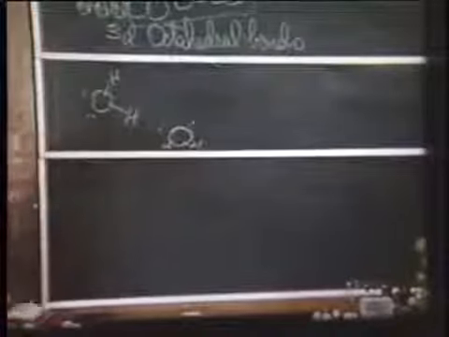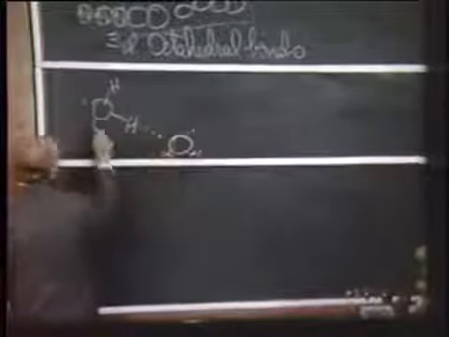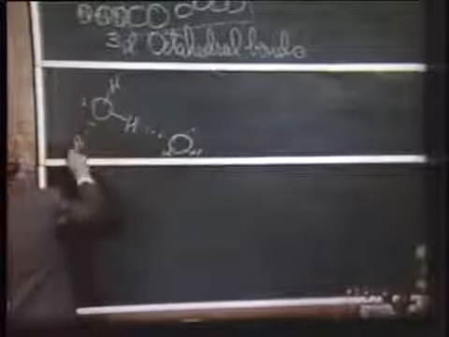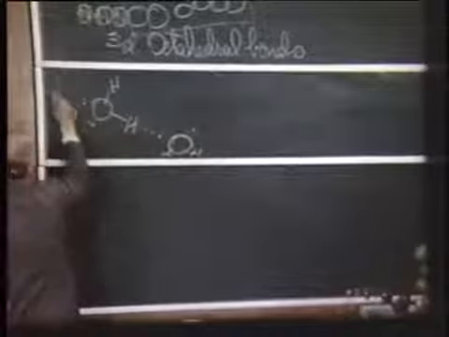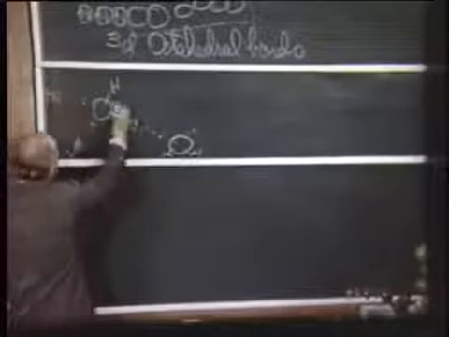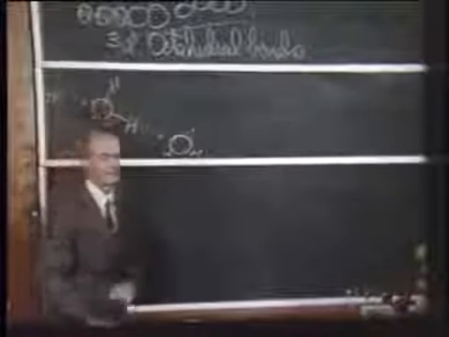And each water molecule can form 4 such hydrogen bonds. Here, a hydrogen bond can be formed using the proton of another oxygen atom, another water molecule, here too, and here a hydrogen bond using the proton of this oxygen atom.